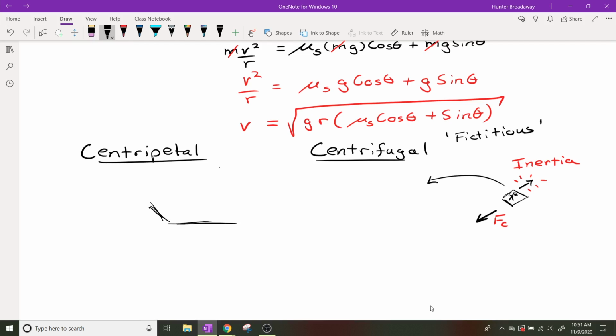So that fair ride is an object and it kind of looks like a big saucer like this. And you put humans on the side and you start spinning it really, really fast, right? As you start spinning around and around, it's the same concept. Your inertia is what's keeping you pinned against the back of the wall.